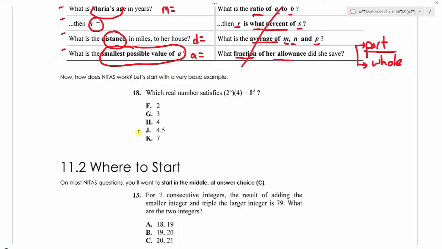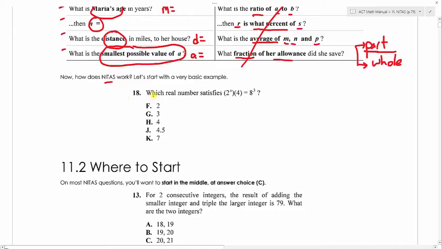If you are solid with your algebra, you can probably solve a lot of these on the day of the test with algebra. But for the purposes of what we're doing here, which is learning a fairly new technique that we're not completely solid with yet, we're going to do all of these questions with the technique so that we can see how it works.